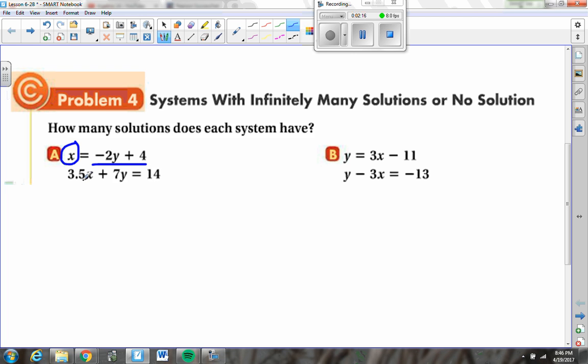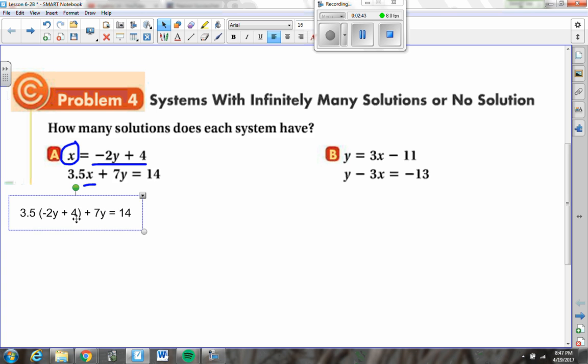So in my second equation, instead of writing x, I'm going to write negative 2y plus 4. My second equation now says 3.5 times, in parentheses, negative 2y plus 4. It's very important to put that in parentheses because I'm going to use the distributive property. Plus this 7y that still exists is equal to 14.